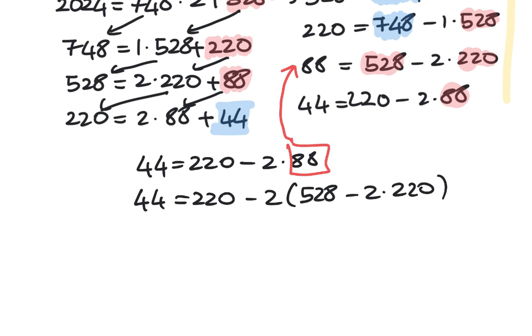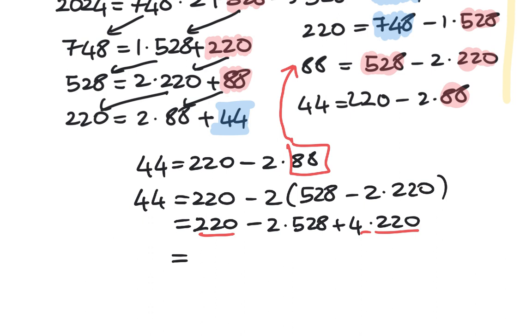Now we have marked that 528 and 220 are remainders, so we are not going to multiply those out. We're going to leave them appearing in our equation. So I have minus 2 times 528 plus 4 times 220. Then I group the two remainders that are the same to have 5 times 220 minus 2 times 528.